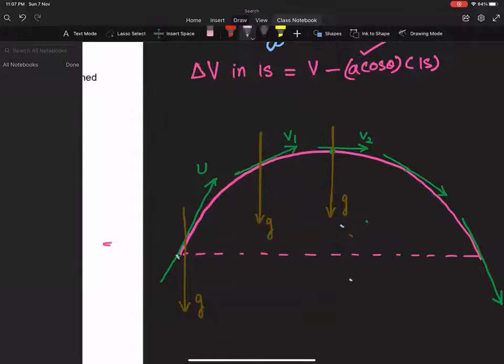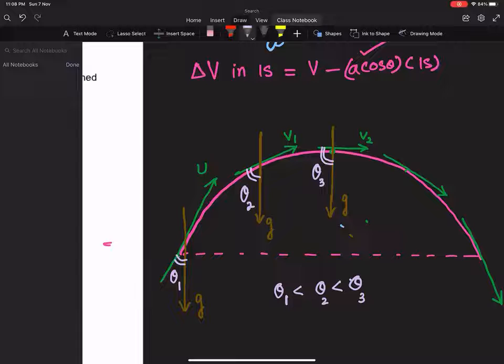If you look carefully, in the upwards motion, this angle is going to increase. This is, for example, theta 1, this is theta 2, and this is theta 3, which is exactly 90 degrees. Yet the important concept is that theta 1 is smaller than theta 2, is smaller than theta 3. So in the upwards motion, the angle between gravitational acceleration and the velocity is increasing.